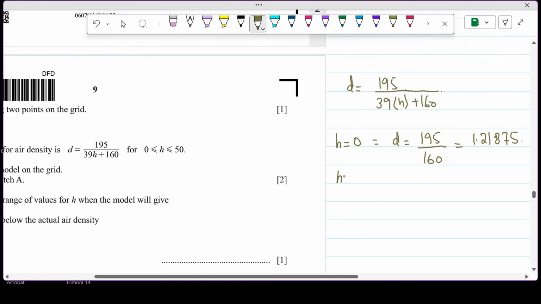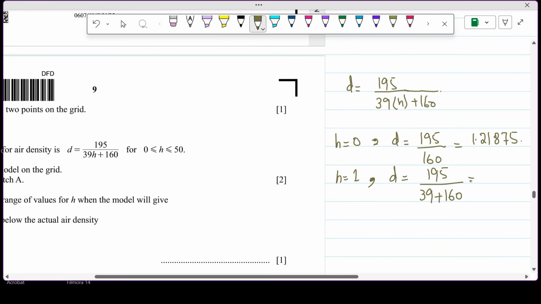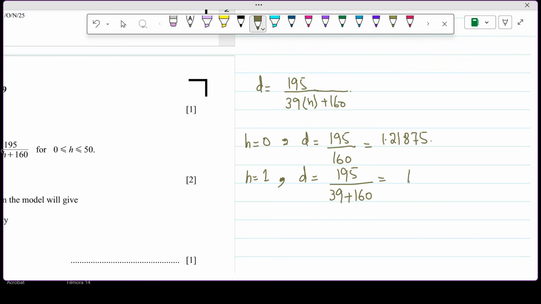Now when the height is 1 kilometer, D = 195 / (39 times 1 + 160), so this is 39 plus 160. This is equal to 195 over 199.